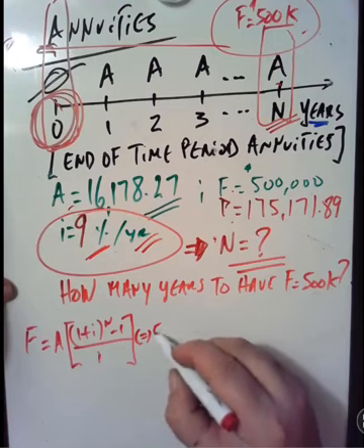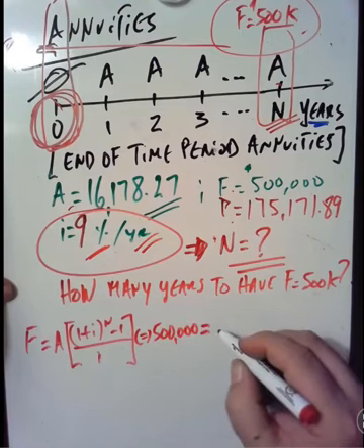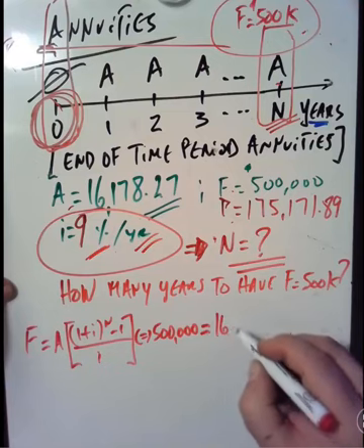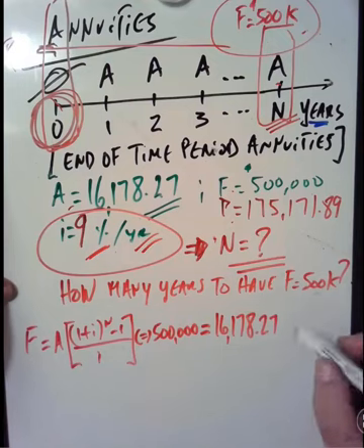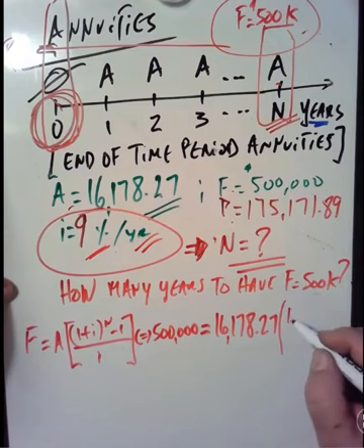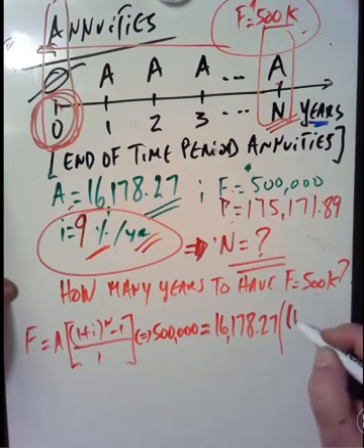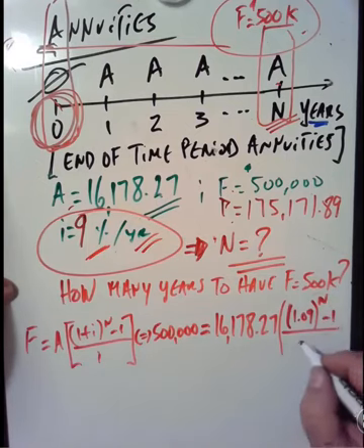So given that we want to have $500,000 and we're paying 16,178.27 every year to this investment, given that the interest rate is 9%, how many years would it take us to get the 500,000?